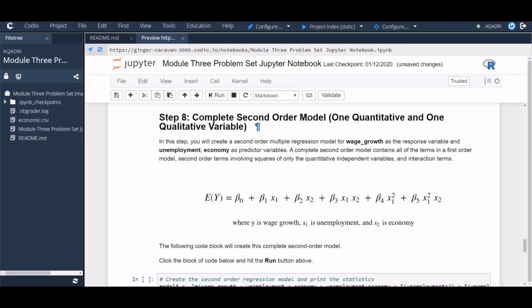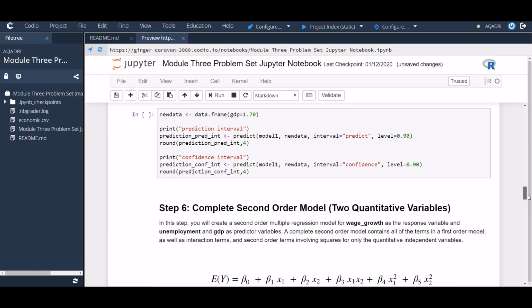So in step 8, we again have a complete second order model, but this time we have one quantitative predictor and one qualitative predictor. That's what's different now. Here we're using unemployment as the quantitative predictor, just like before, but now we're using economy as the second predictor, and economy is a qualitative variable.